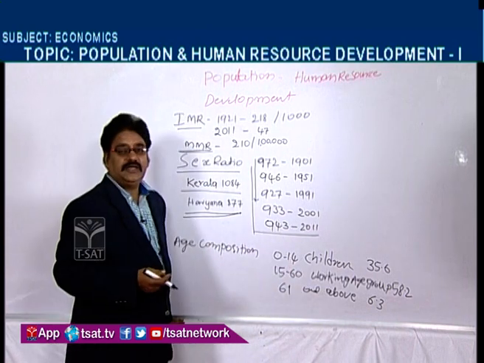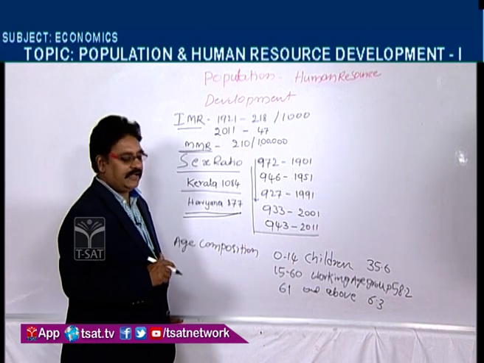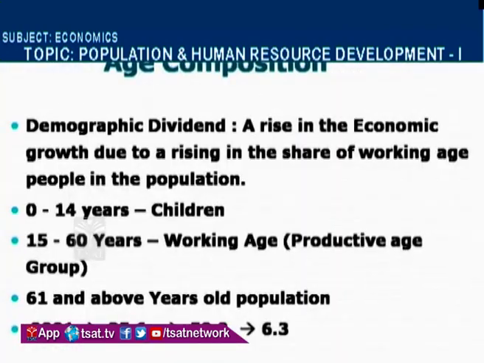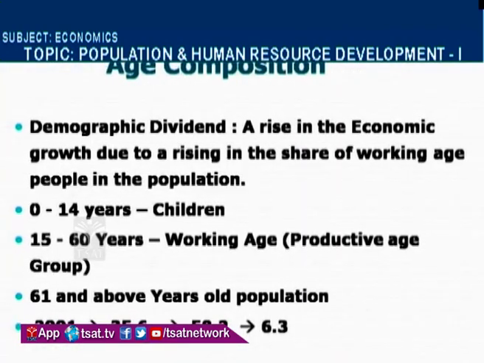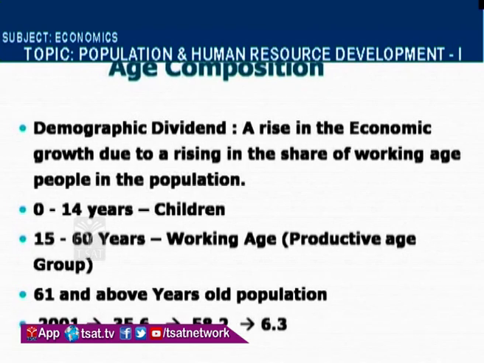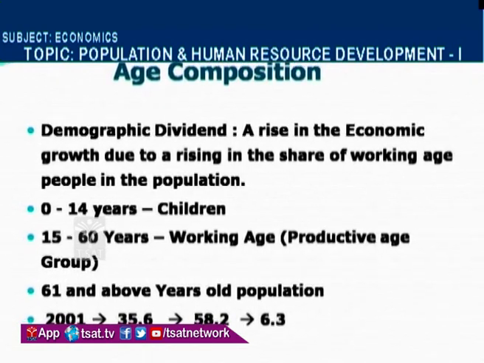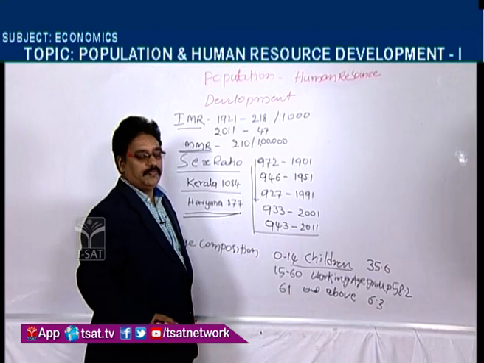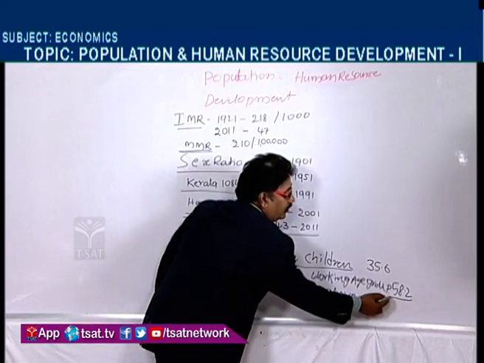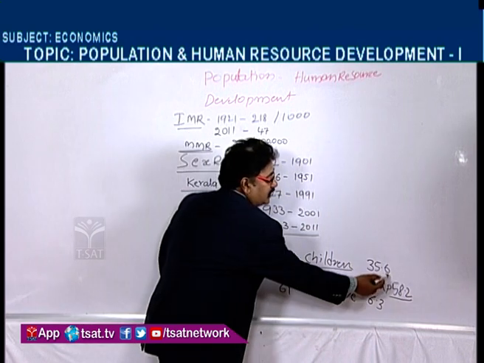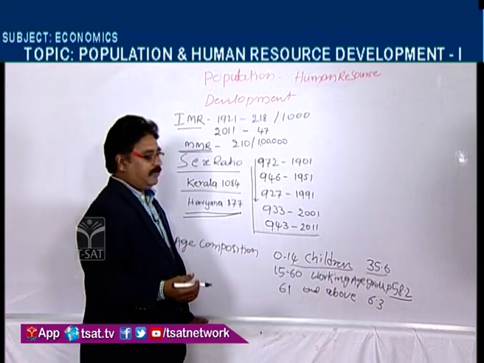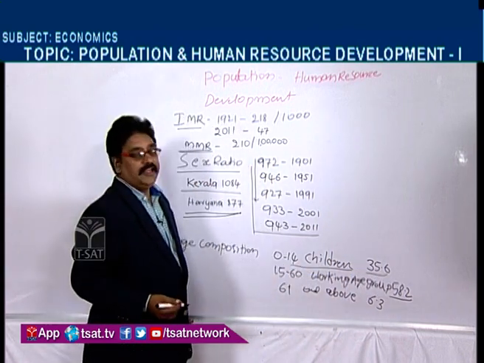According to the latest census, the 2011 census, in India children's percentage is 35.6% and the working age group percentage is 58.2. This is a good sign, and every year children may become the working age group.